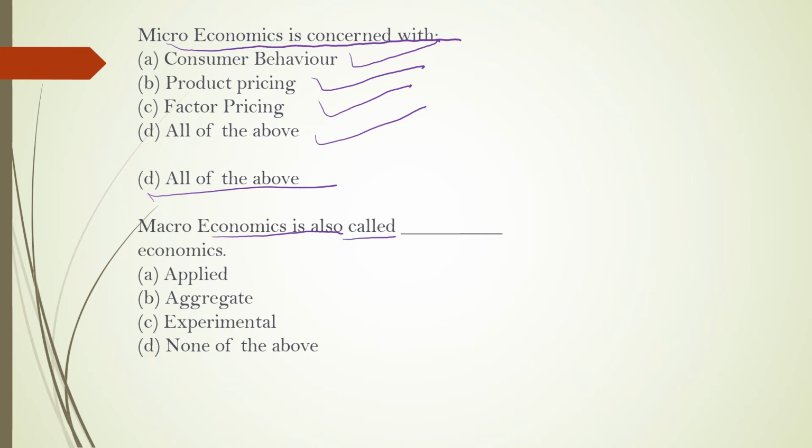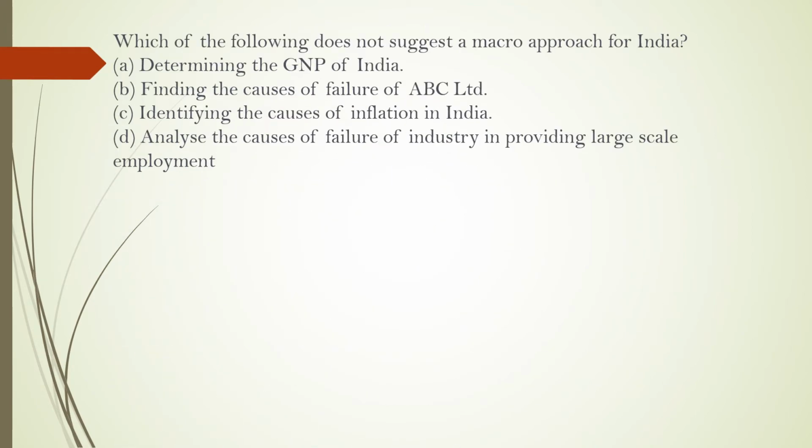Macroeconomics is also called dash economics. As we know, macroeconomics deals with the aggregates, so it is known as aggregate economics, the right answer. Which of the following does not suggest a macro approach for India? Determining the GNP of India, that is macroeconomic approach.